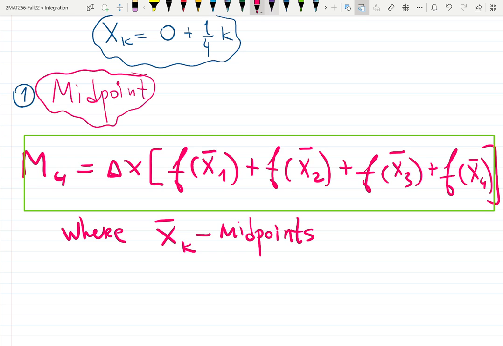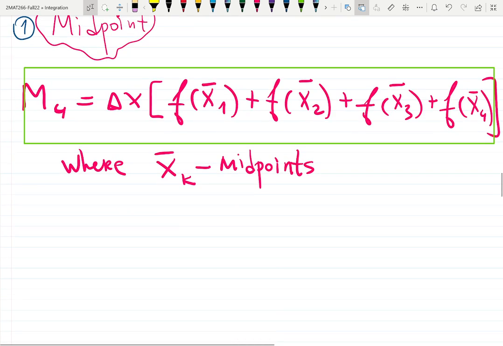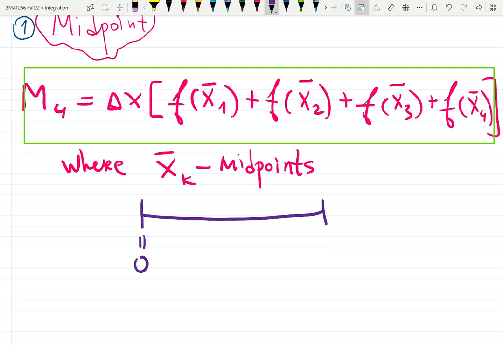We don't know them, so we'll have to find them very quickly. From 0 to 1, 1, 2, 3, 4. Then what is happening between 0 and 1/4? 1/8. So that's what we're going to be using. This is f of 1/8.